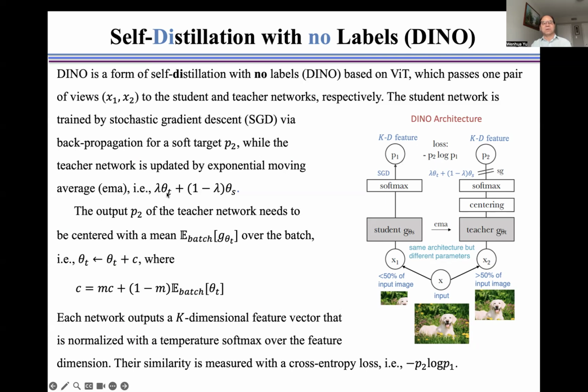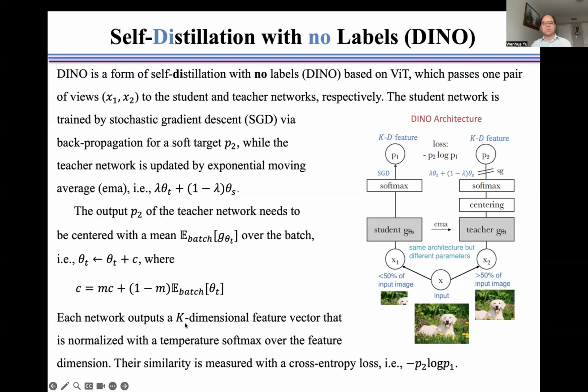namely, we use the teacher model parameters theta t and the student model parameters theta s together to update the teacher network. The output p2 of the teacher network needs to be centered with the mean over the batch, as shown here, where c is calculated from the mean and c.